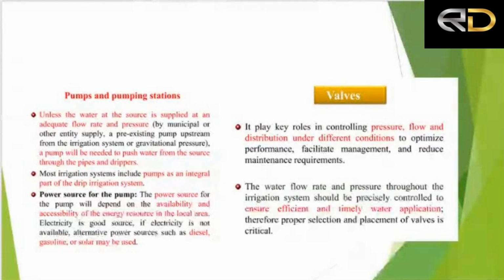If there is no pump, how will the water be pushed? So a pump is needed to push the water from the source through the pipe and drippers. Most irrigation systems include pumps, an integral part of drip irrigation, because if the pump does not push the water, it will not go equally and there will be no uniformity. All of that depends a lot on the pump.